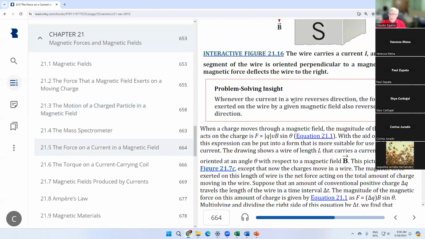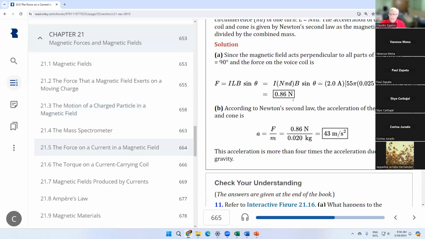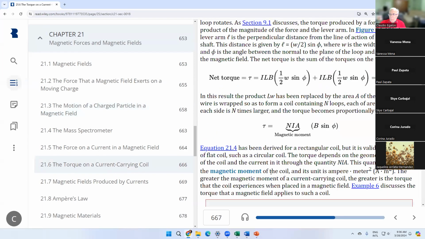So we have to look at the internet. Let's take a look at the internet. We will certainly have one of those out there.